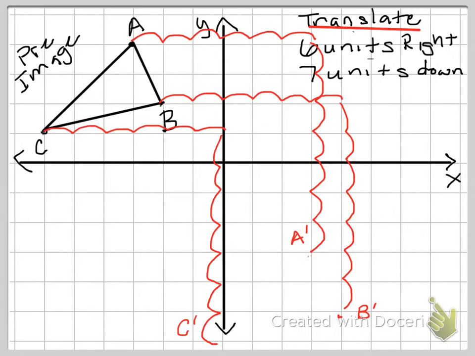So if I connected all of those points, from here to here, from there to there, and from there to there, I'm going to end up with my translation of 6 units to the right and 7 units down. And this, again, is called the image. So from pre-image to image, the translation was 6 units to the right and 7 units down.